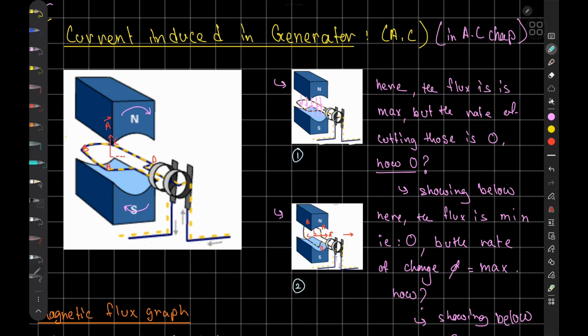So this is the inflow, so it goes like this. This is the positive terminal, this is the negative terminal. Let's say this is the conventional current direction. Good.